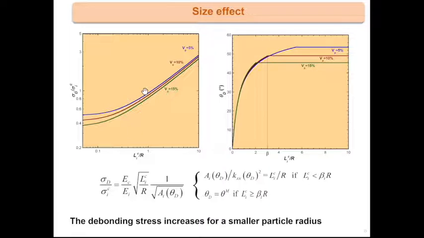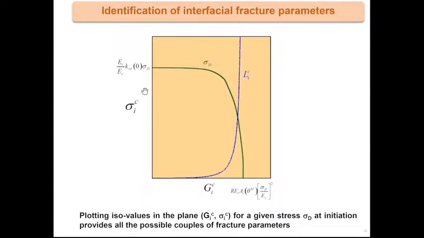Okay, so what can we do with such kinds of results? We would like to analyze some experimental data. So what I will recommend in this case is to plot some iso-values in the interfacial fracture energy, interfacial strength plane.